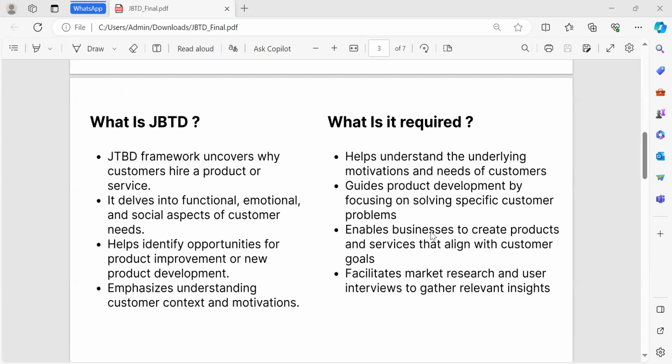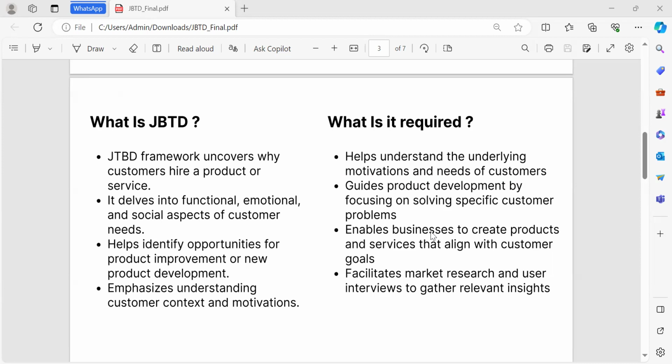This framework delves into the functional, emotional, and social aspects of customer needs. The job to be done framework basically helps in correctly portraying the exact customer problem, the exact customer pain point, and it helps to identify opportunities for product improvement or new developments.